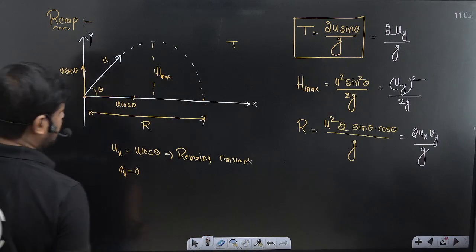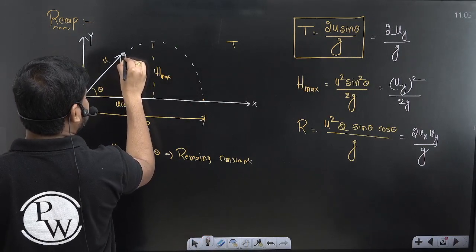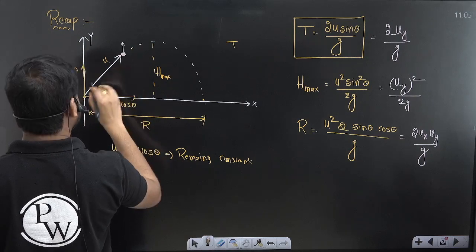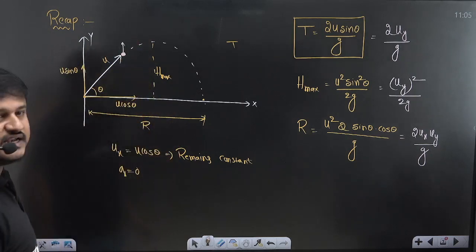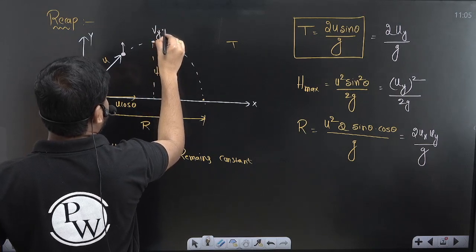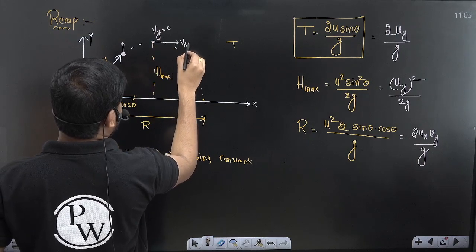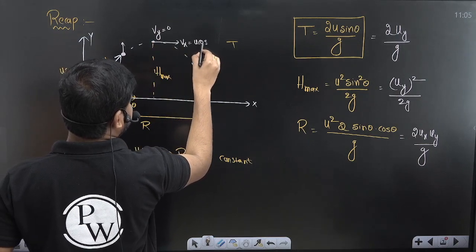One more thing: if you have to find the velocity at any point, the vertical velocity keeps decreasing while it goes up. At the highest point, the vertical velocity vy becomes 0, but the horizontal velocity remains the same, which is u cos theta.